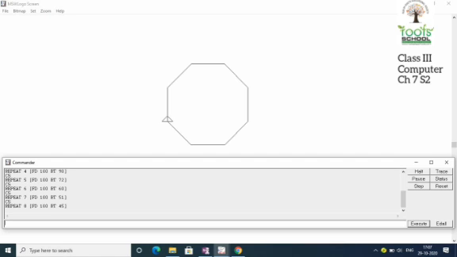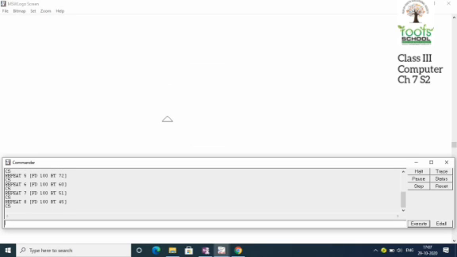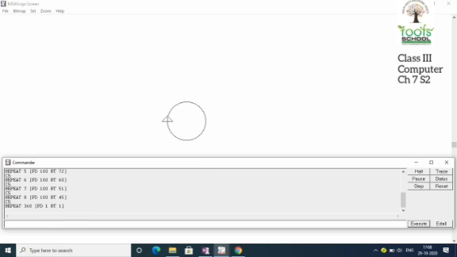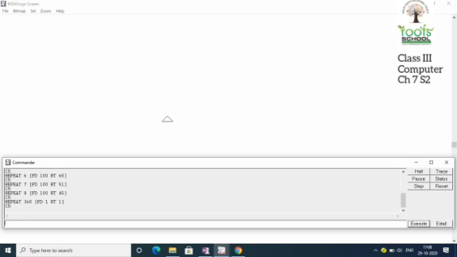Okay. Now if you want to make a circle, as I told you, a circle will require repeat of 360 because a circle has 360 sides. And how many forward? Forward will only be 1 and right will only be 1. So it will make a complete circle. And if you want only half a circle, you will write down repeat by 180. First I need to clear this. So clear screen.